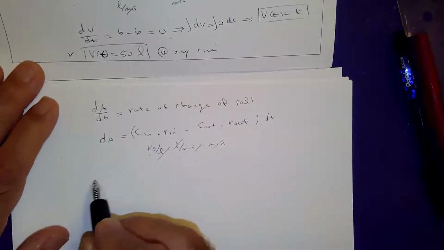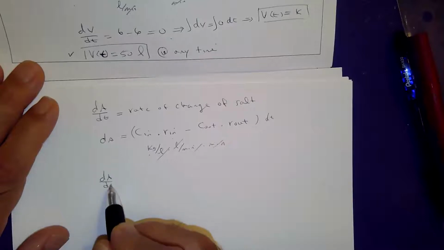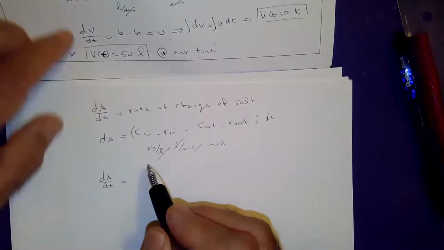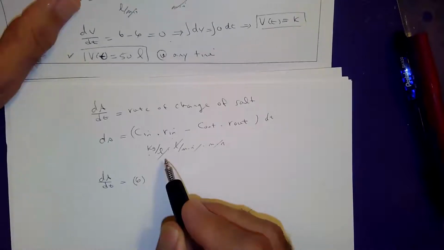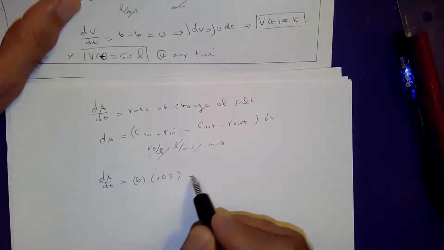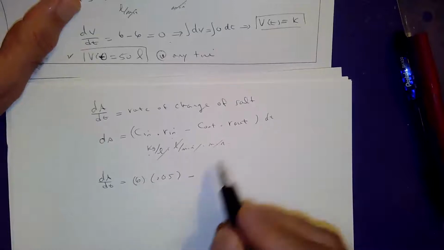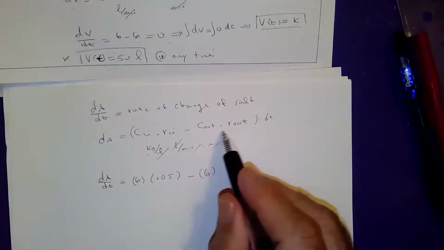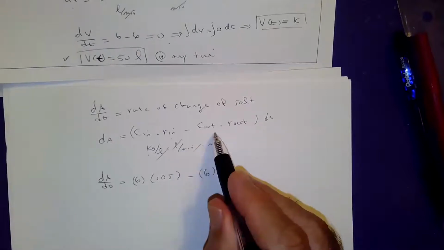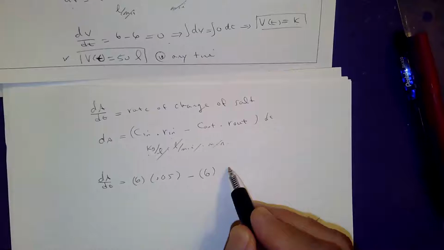However, in our case, we have dA/dt. What was the R in? It was 6. What was the concentration going in? It was 0.05. Minus R out, which is still 6, but the concentration coming out, we decided is variable. What is it always equal to?